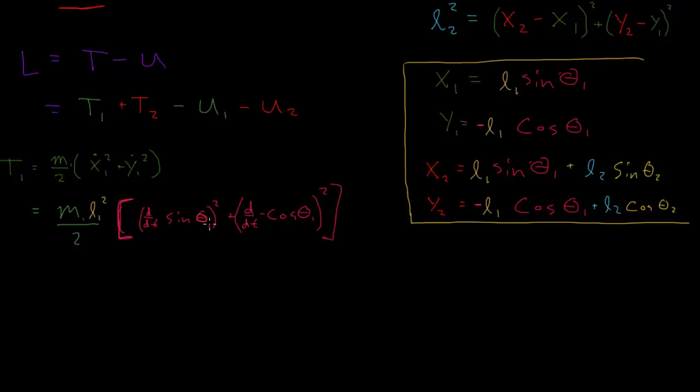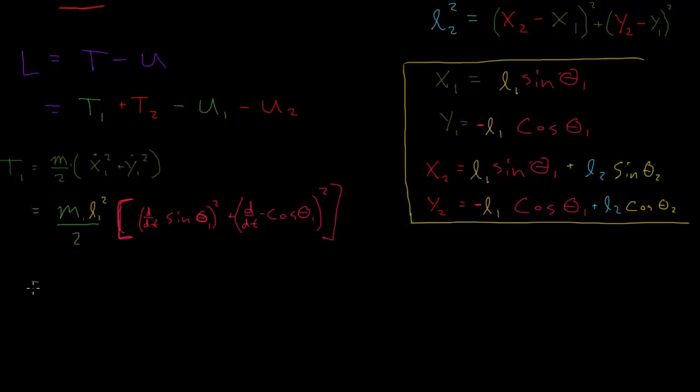So when we take the derivatives of these things, I'm going to explain what I'm doing and then rewrite it. If we take the derivative of sine, we'll get cosine. And then with the chain rule, we'll have to multiply by the derivative of theta 1 with respect to time. So that's just theta 1 dot. So we'll get a theta 1 dot with the chain rule coming out here, and we'll get the same thing here. So there will be a theta 1 dot coming out of these things, and then they'll both be squared.